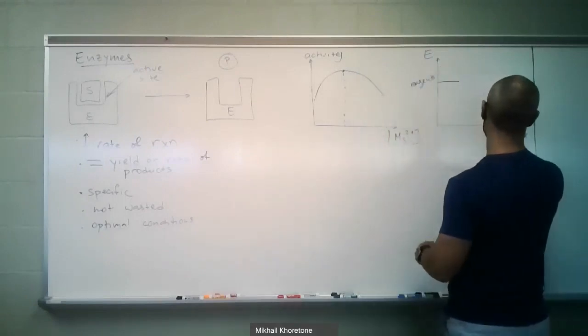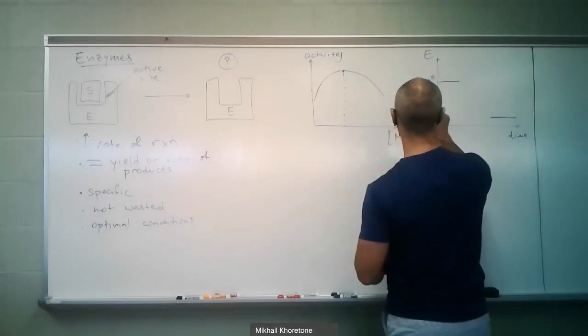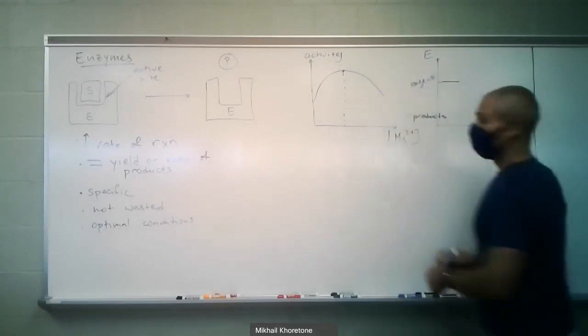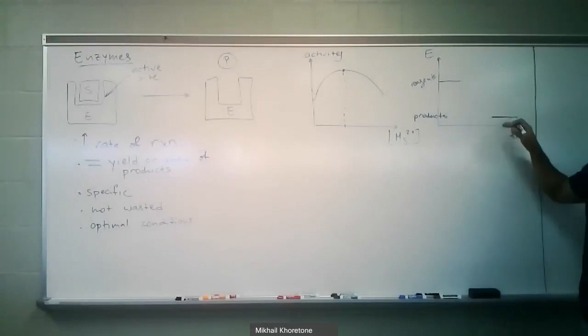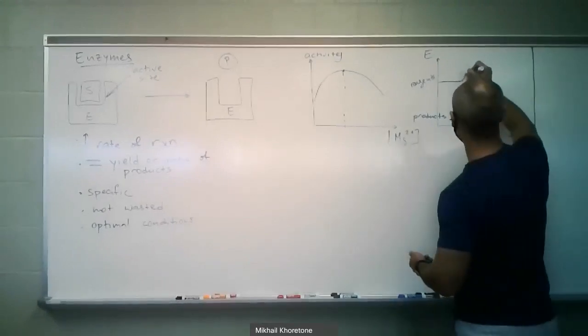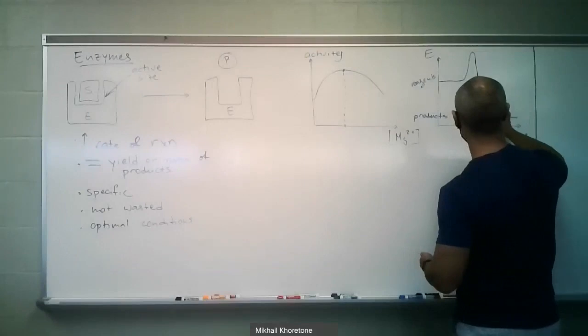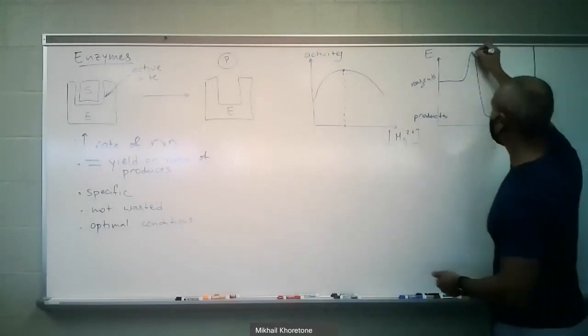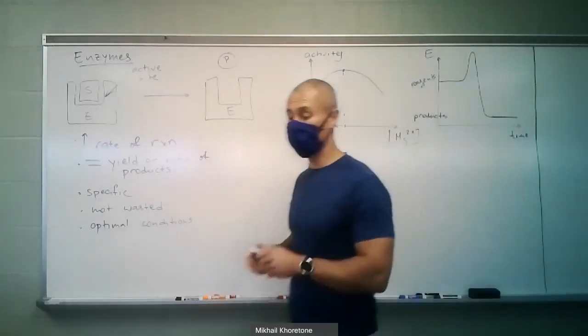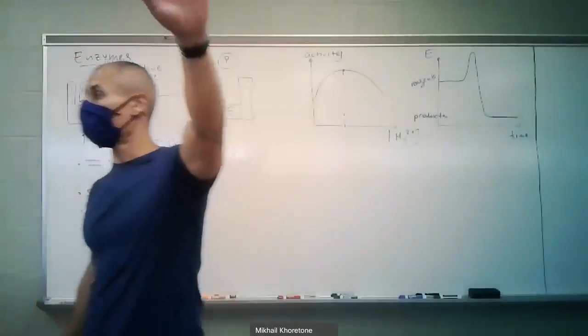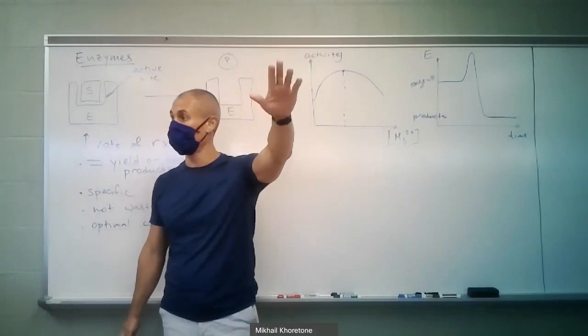And that is the energy of your products. The reaction is not going to go like a smooth ride down here. It will need to go over the pretty large hump, that hump right here, which is called activation energy.